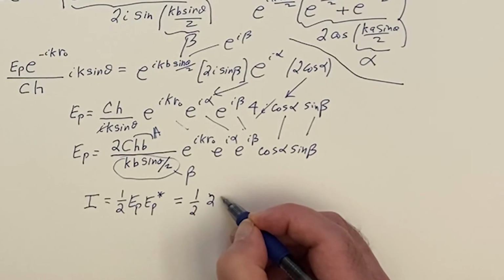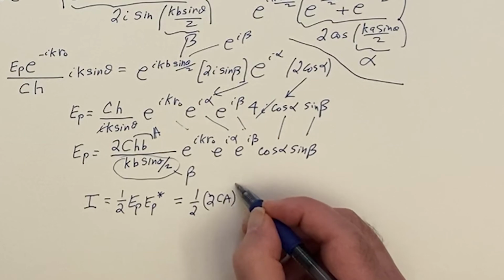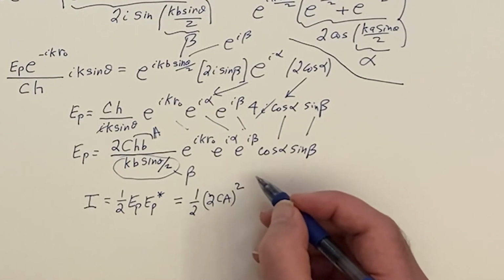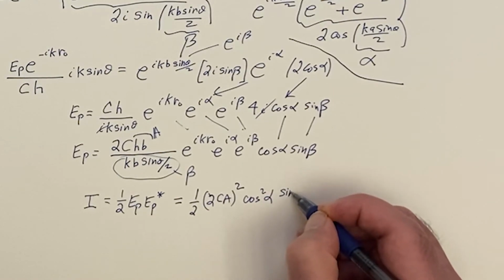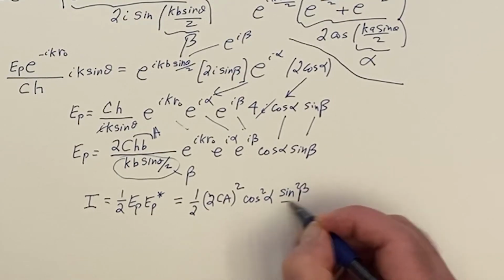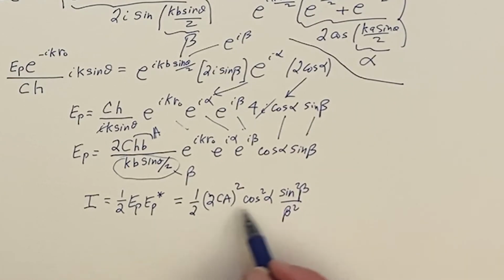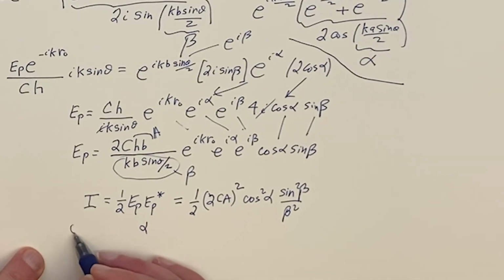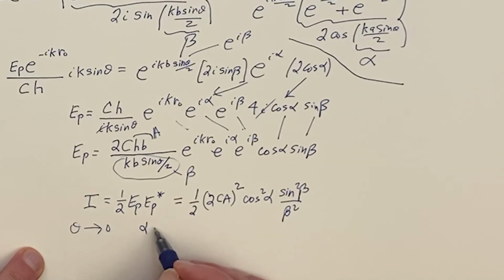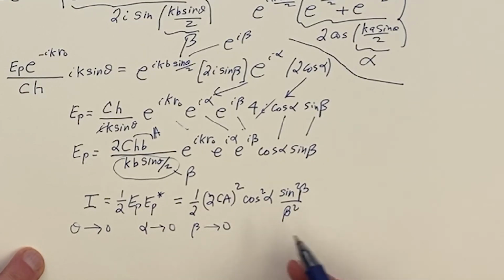I'll have a 2CA, that's going to be squared. And then I'm going to have a cosine squared alpha sine squared beta over beta squared. And really, I want to get this in terms of the I naught again. So when the theta goes to 0, alpha is 0 and beta is 0, right?